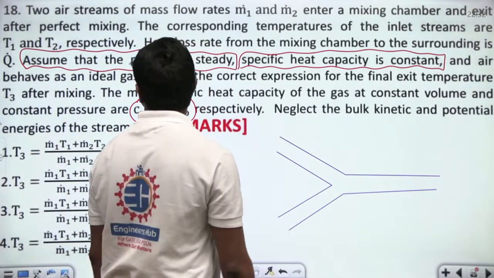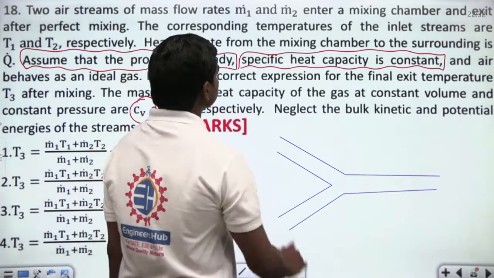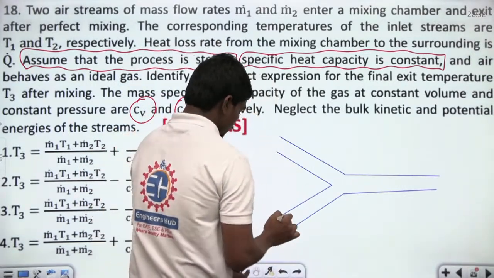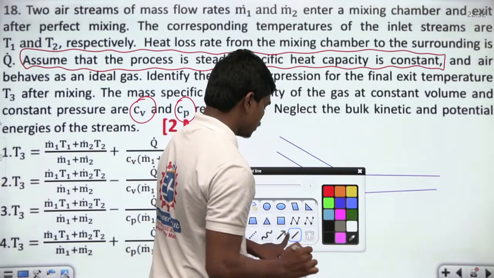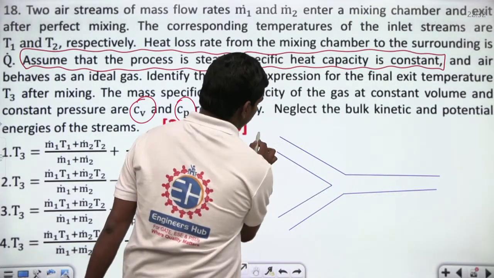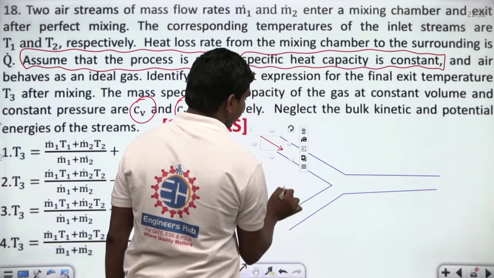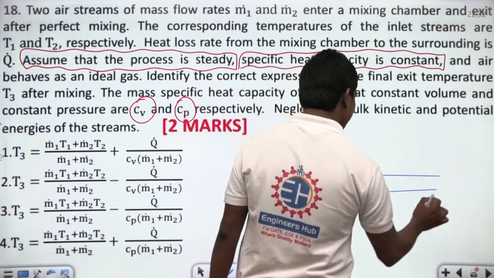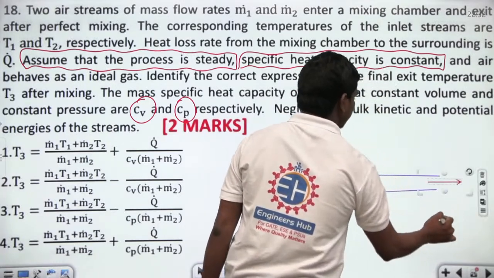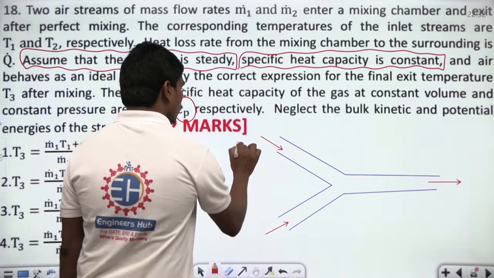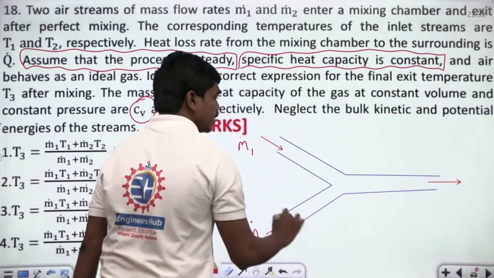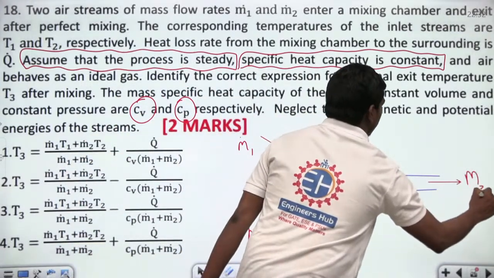Two air streams of mass flow rates m1 dot and m2 dot. So this is your m1 dot going in, and this is your m2 dot going in, and finally you will have your m3 dot coming out, correct? So m1 dot, m2 dot and m3 dot.